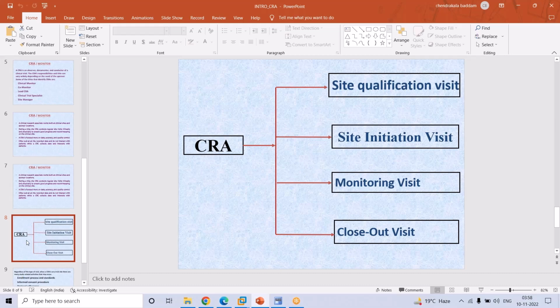Okay. So this site initiation visit is when the research team receives adequate training from the sponsor or CRO on the protocol. That means CRA will check whether the site team is trained on the protocol, whether they know how to conduct the clinical trial, whether they are aware of the protocol contents.